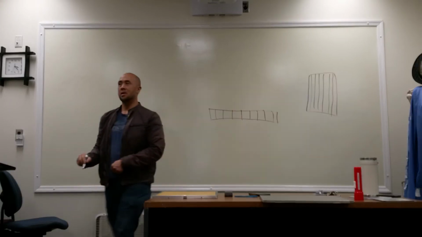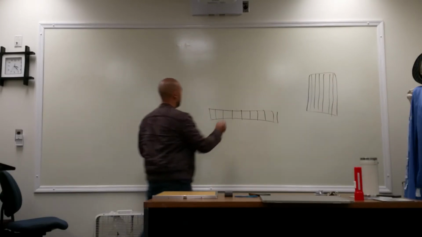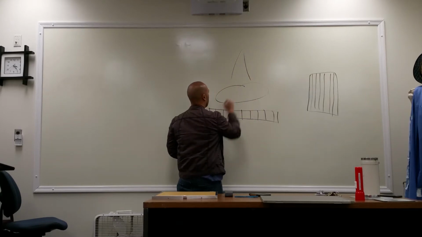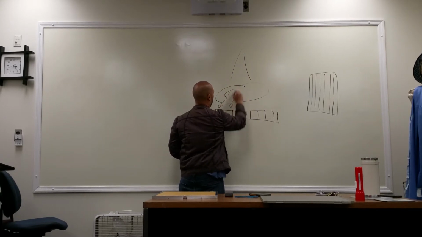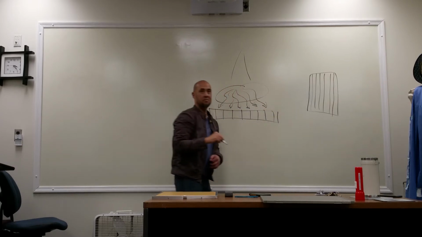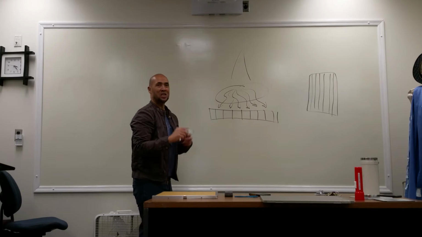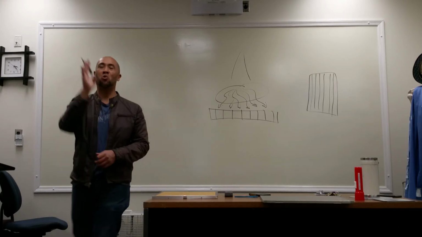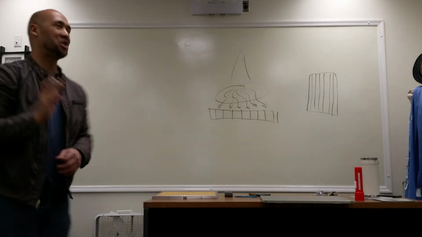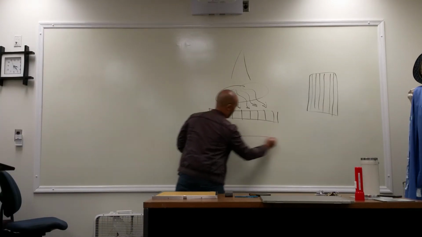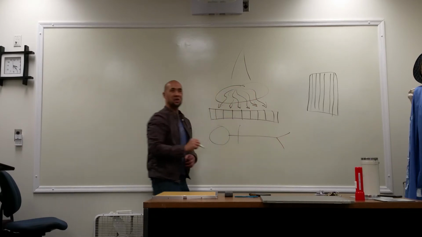Okay? Now, as we know, here's your patient's body, here's your primary beam. Scatter radiation is going to go in all different directions. The purpose of the grid is to allow the more straight traveling primary beam to reach our film.